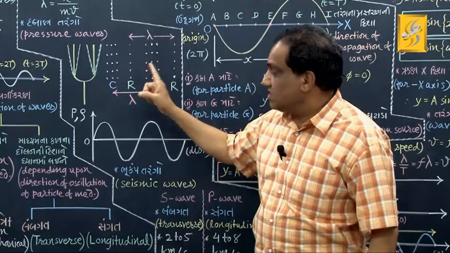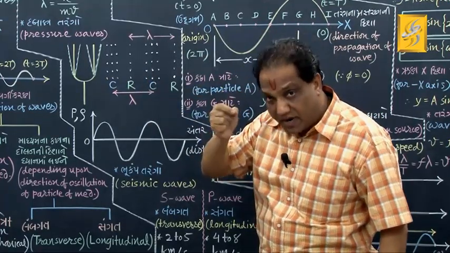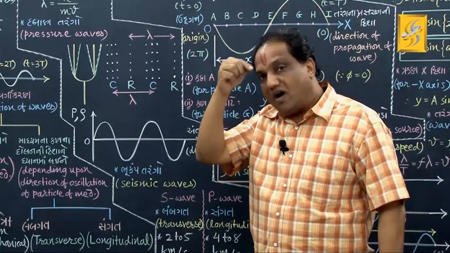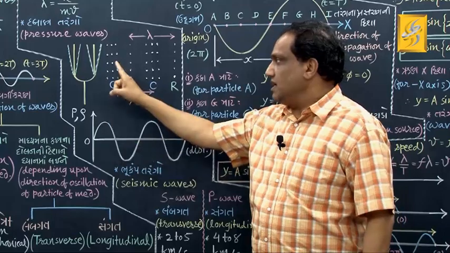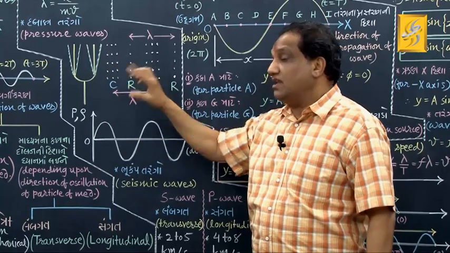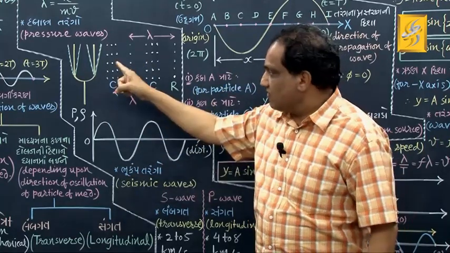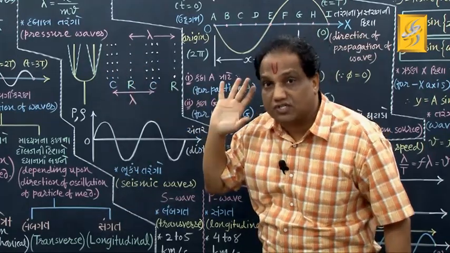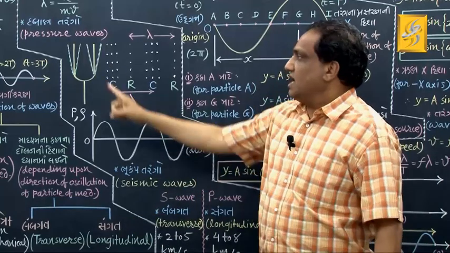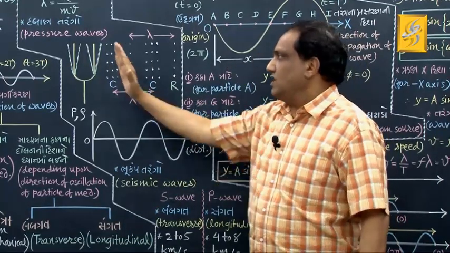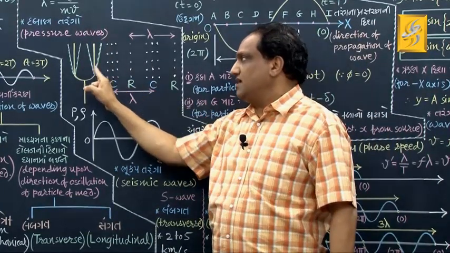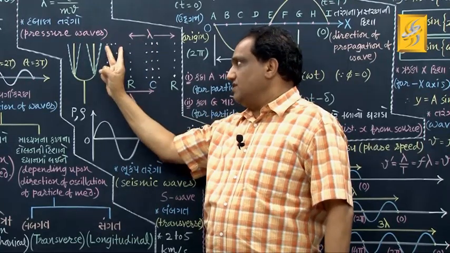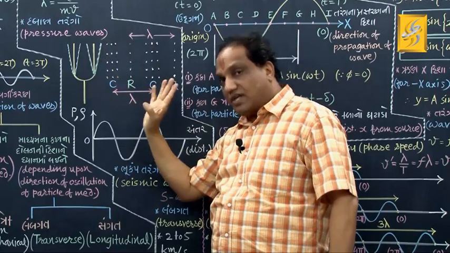This is the situation at a particular moment, but at a later moment, say after half of the periodic time, the condensation and rarefaction interchange their positions. In place of condensation you will find rarefaction, in place of rarefaction you will find condensation. But tell me, what is actually happening here? During the motion of this right hand side prong, the pressure is increased here, and that's why density is also increased.